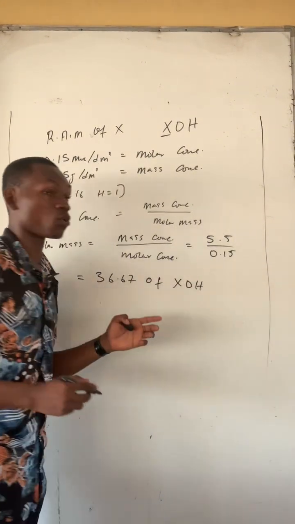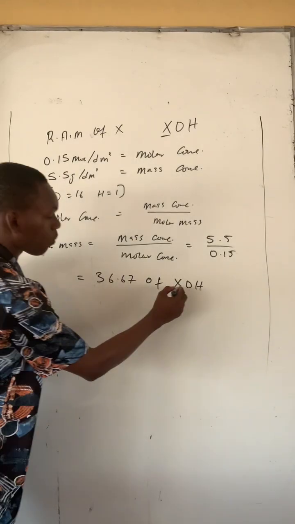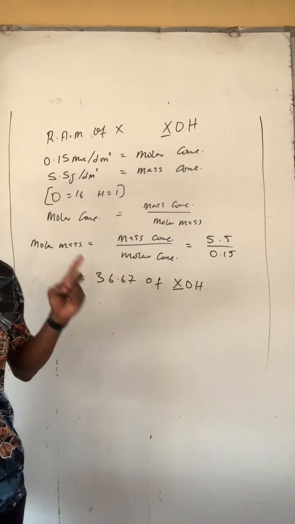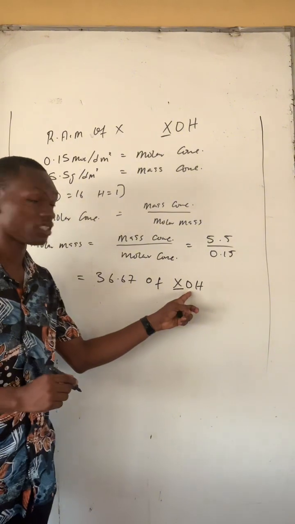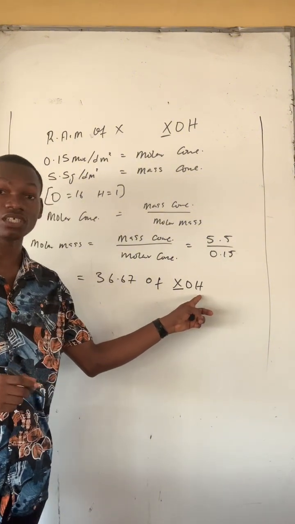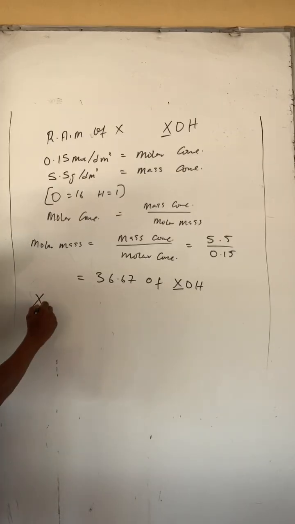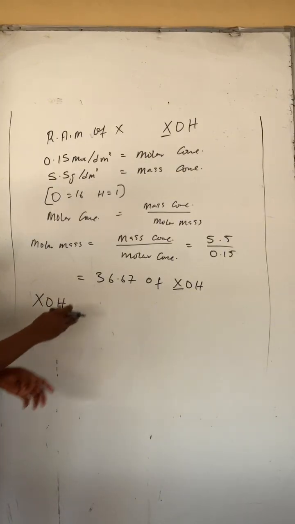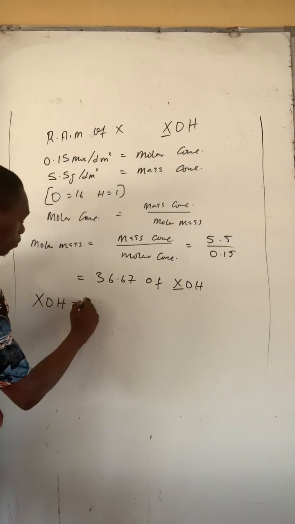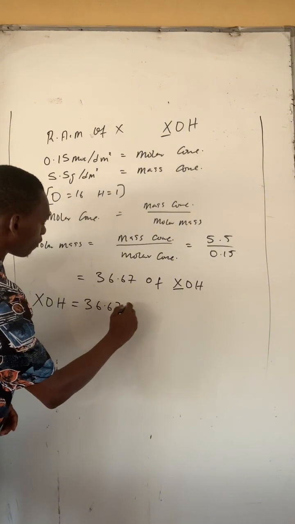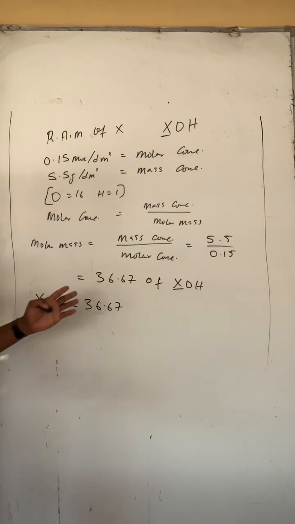So this is the molar mass of this compound XOH. Now the question still remains, what is the mass of only X? We know that oxygen is 16, hydrogen is 1, but we don't know X. But we are told that XOH, the mass of all of them, is equal to 36.67, as we have calculated here. Now let's substitute.